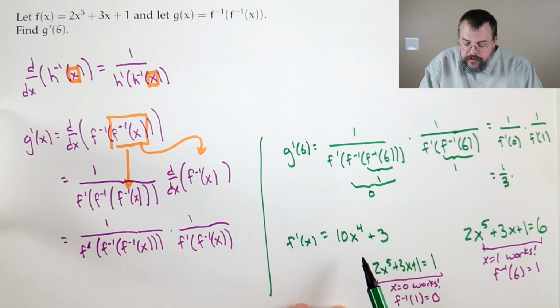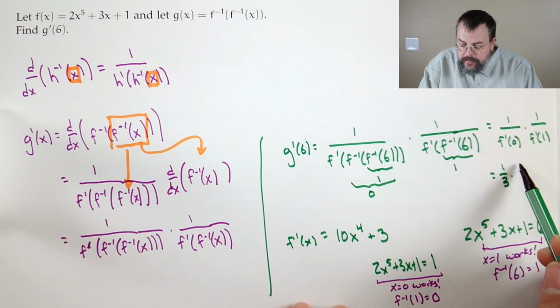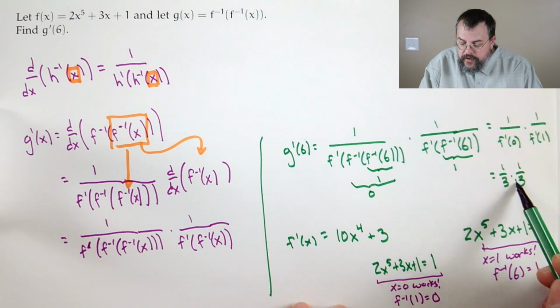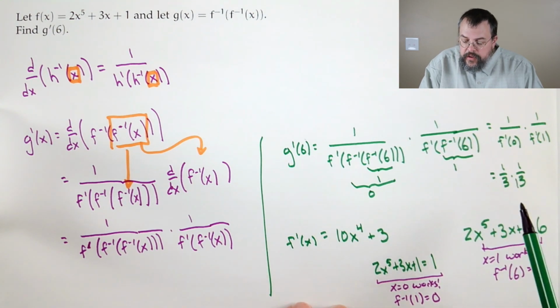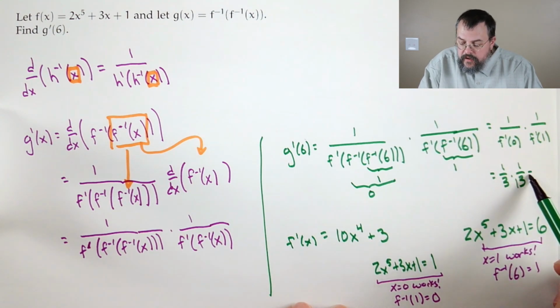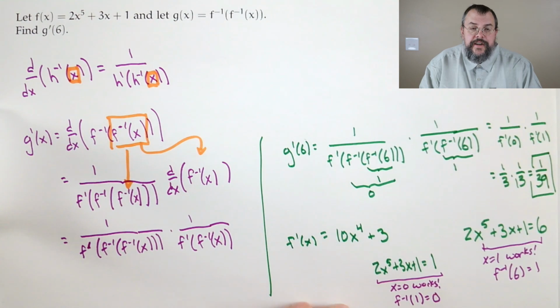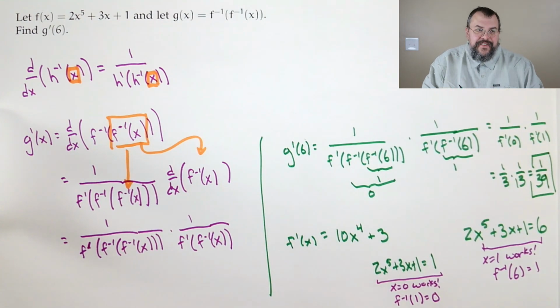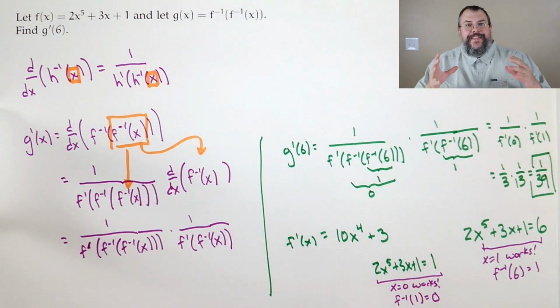If we plug 1 into the derivative, we get 10 plus 3, which is 13, times 1 over 13, excuse me. And 3 times 13 gets us to 39. So 1/39. There you go. That's the derivative of g at 6, 1/39. Cool. Yeah, see, we can handle these nested things.